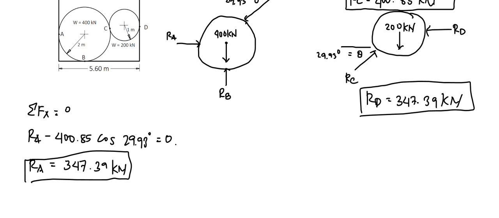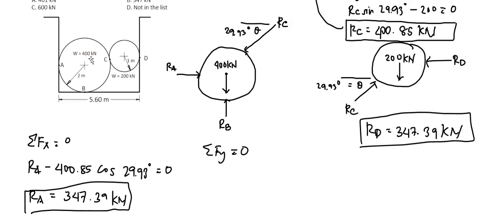And to solve for RB, we can make use of summation of vertical force equal to 0. We have a vertical force of negative 400 kilonewtons because it's going downward, so it's negative, minus RC sine of 29.93 degrees plus reaction B equal to 0.